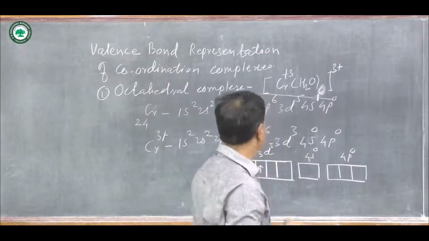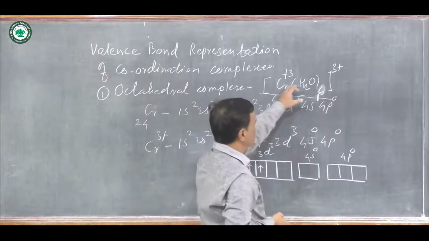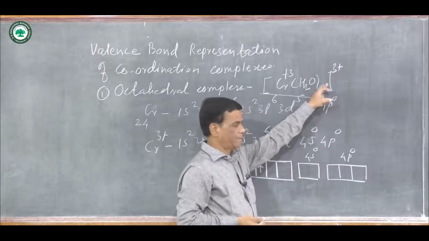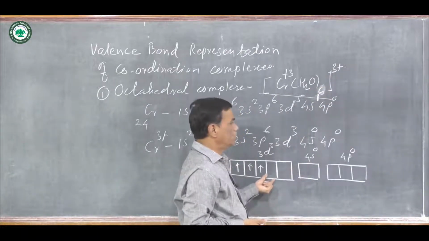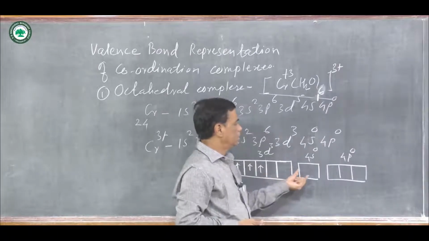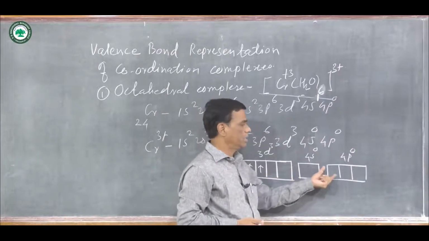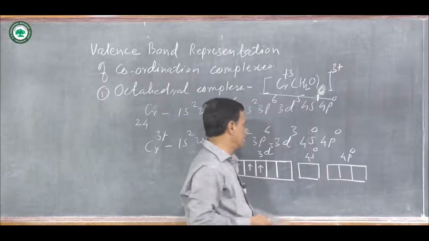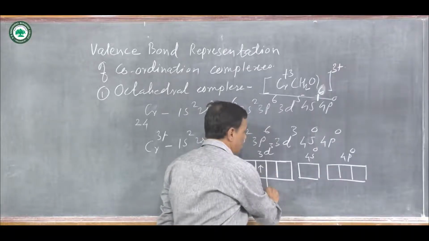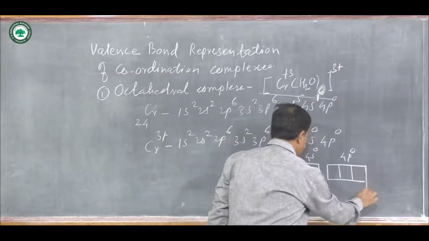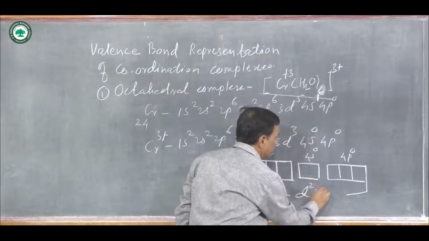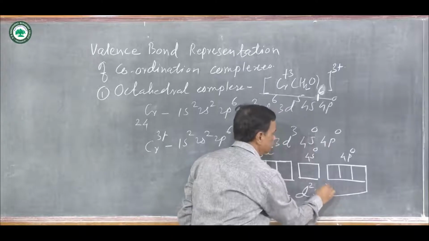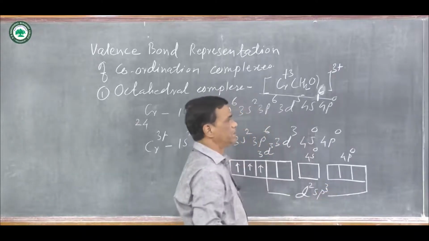When the [Cr(H2O)6]3+ complex ion is formed, there is overlapping of two 3d orbitals, one 4s orbital and three 4p orbitals, and that overlapping is represented as d2sp3 hybridization.